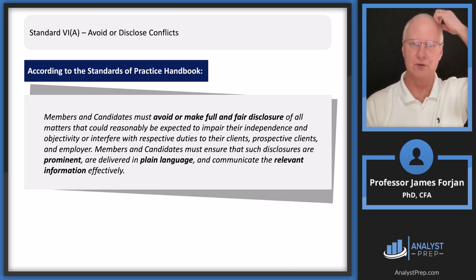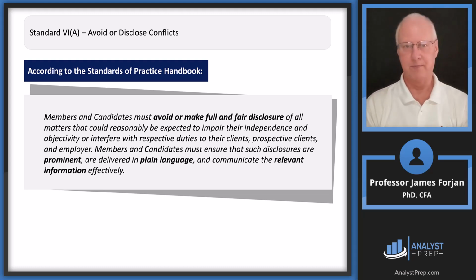So let's go back to this beginning part of conflicts of interest, and the Institute is fully aware that life is not perfect. We have relationships, we have parents, we have children, we have cousins, we have friends, we have colleagues, we have people we met on the airplane. We have all sorts of potential conflicts of interest.